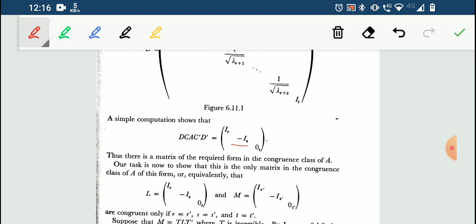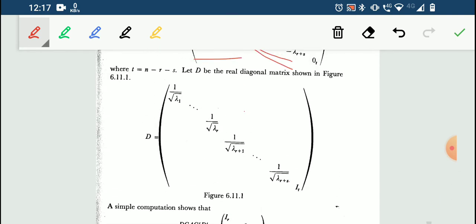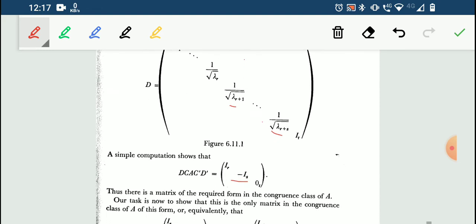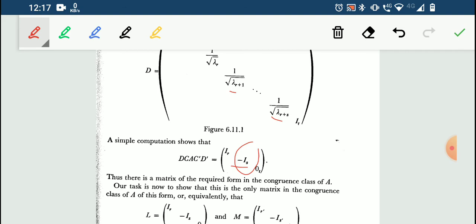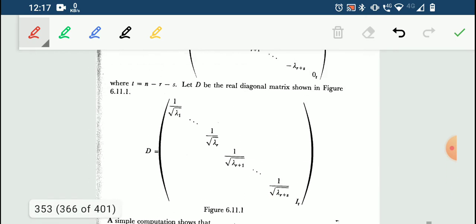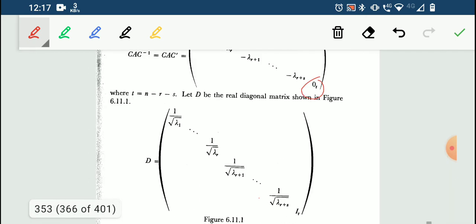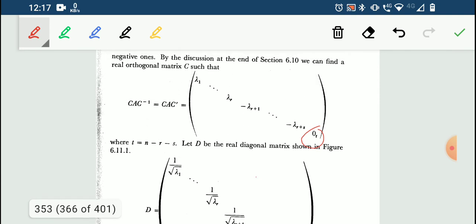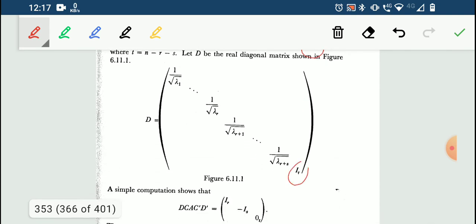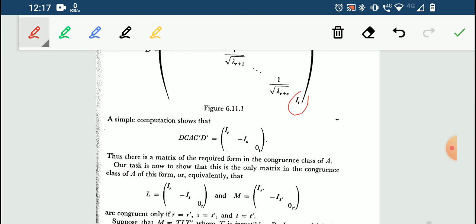Since s elements are there, from r plus 1 to r plus s, I will have minus I s, minus the identity matrix with s rows and s columns. Then what is remaining? Since these are zero elements on the diagonal, multiplied they give 0 itself, so I got 0t.